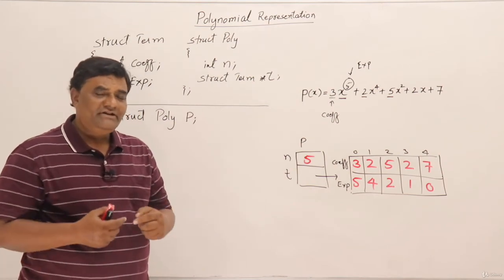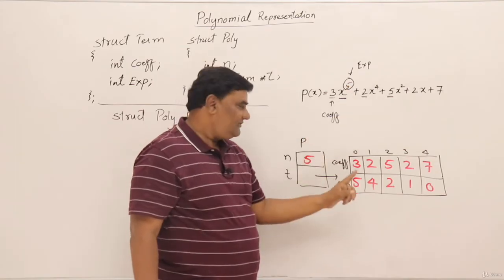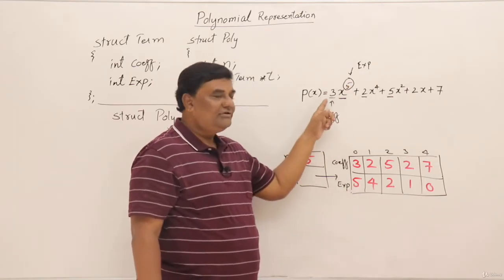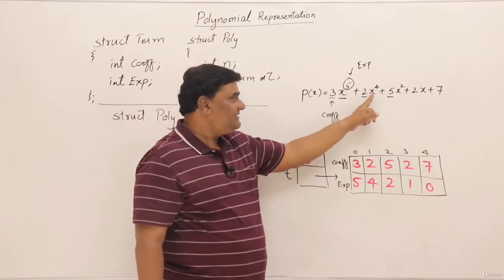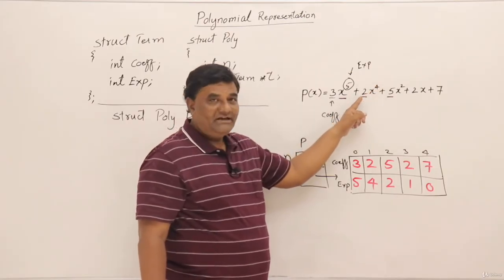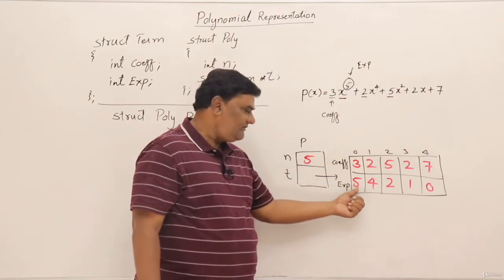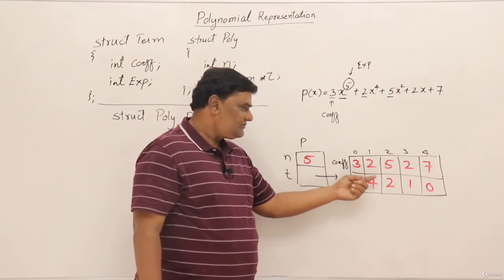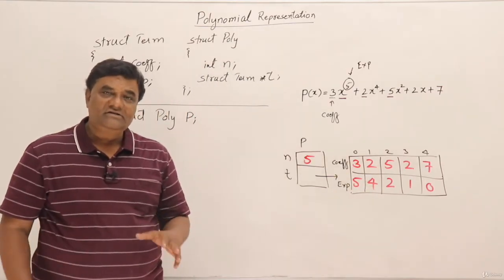Raise x to the power of the exponent, then multiply with the coefficient, then add with the next term. In the next term, raise x to the power 4 and multiply with the coefficient. So every time we raise x to the power and multiply with the coefficient. For every term we have to do that, and also go on adding the terms.